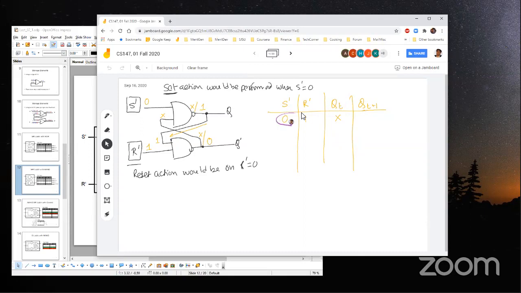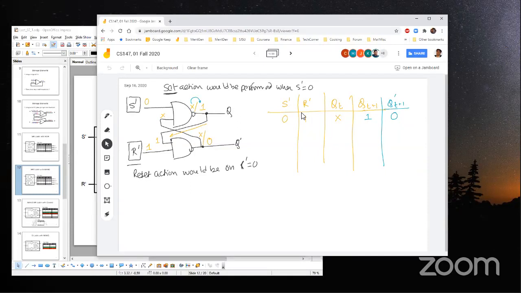So no matter what Qt is, the next value of the output Q would become 1. Thus your QBar at t plus 1 will become 0.